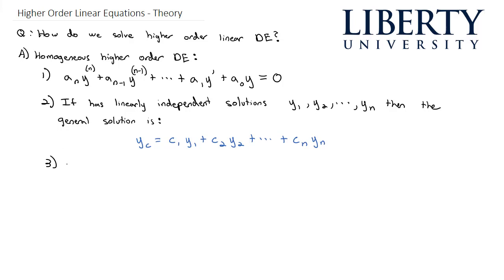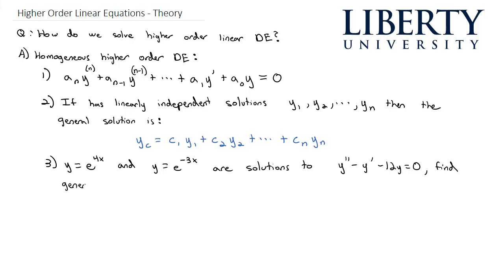So if I have solutions y equals e to the 4x and y equals e to the negative 3x to the differential equation y prime prime minus y prime minus 12y equals 0, we're going to find the general solution and prove that general solution is a solution to the differential equation.